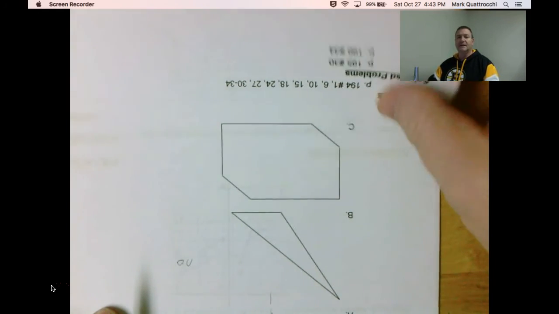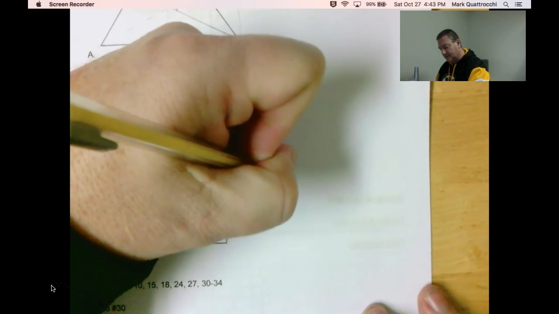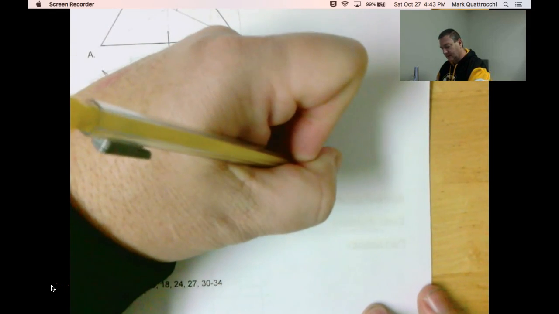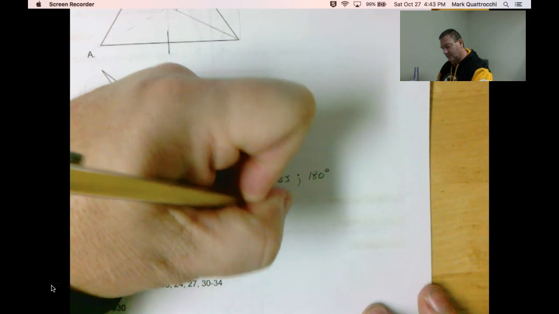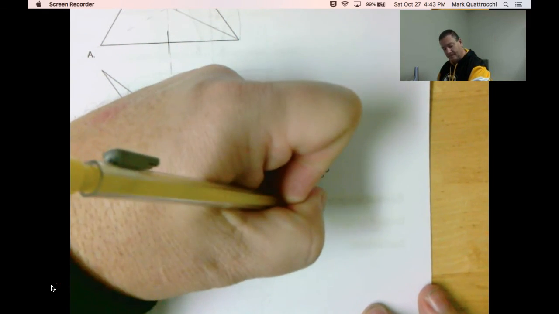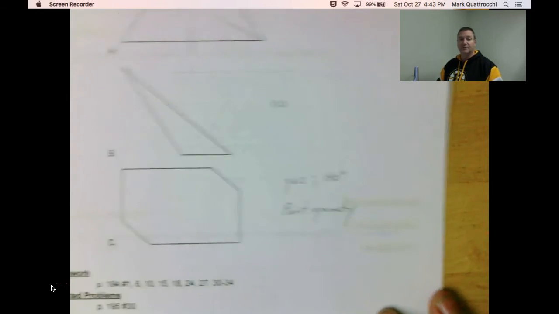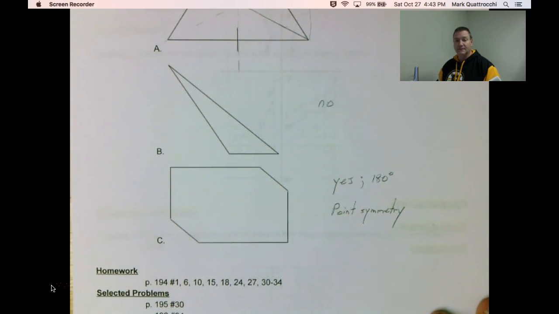I have rotated it exactly 180 degrees, and it looks the way it did before. So yes, it has rotational symmetry of exactly 180 degrees, which means that the rotational symmetry can be simplified by calling it point symmetry. Point symmetry means rotational symmetry of exactly 180 degrees.